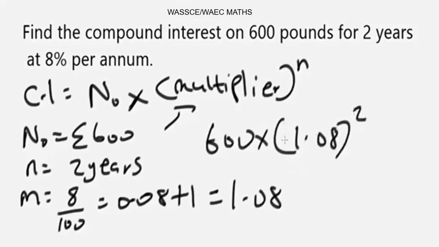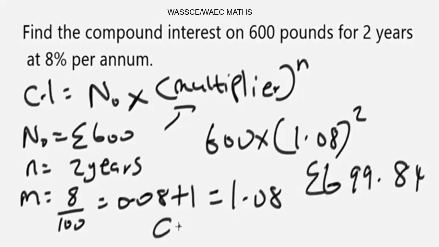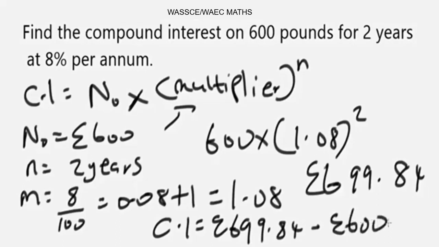When you punch everything on the calculator, you're going to have £699.84. Now the compound interest will be this amount minus the principal or initial amount, which is £600. So £699.84 minus £600.